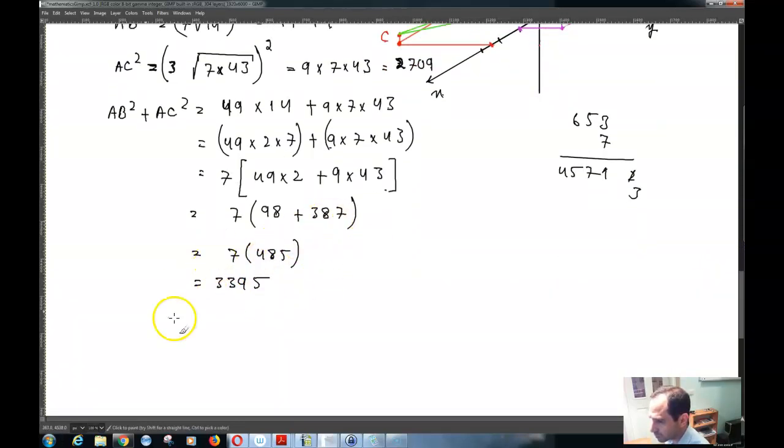So then you can say that BC squared is not equal to AB squared plus AC squared.